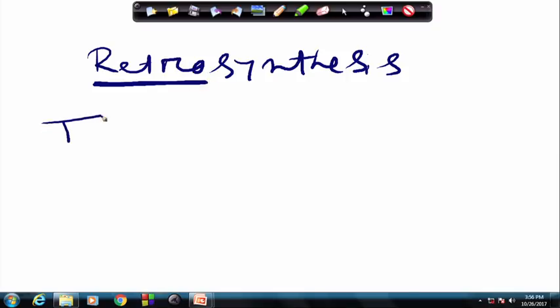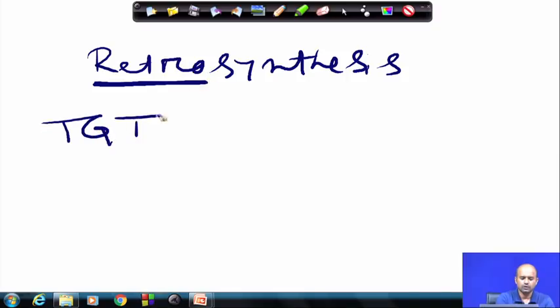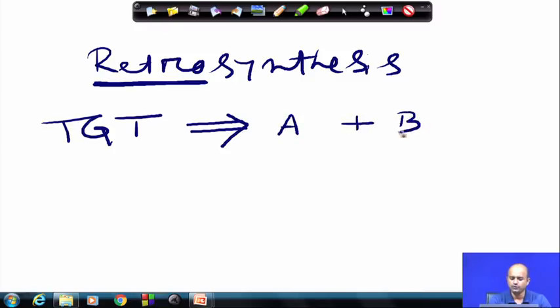So, you have a target molecule, the target could be anything, and you devise a pathway which will give you two different intermediates, which are chemical components, and you devise suitable transformations, which will be explained in terms of the glossary and other things.